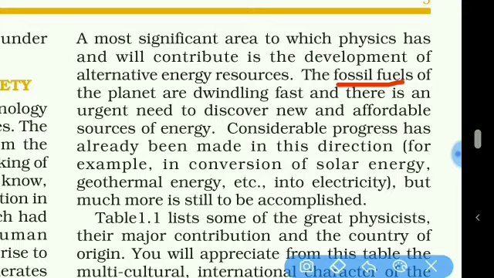So due to physics and technology, scientists are trying to discover alternatives to these fossil fuels. And nowadays solar energy, geothermal energy, and other energies like wind energy, etc., are used.